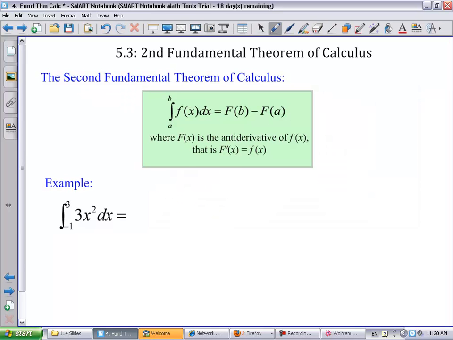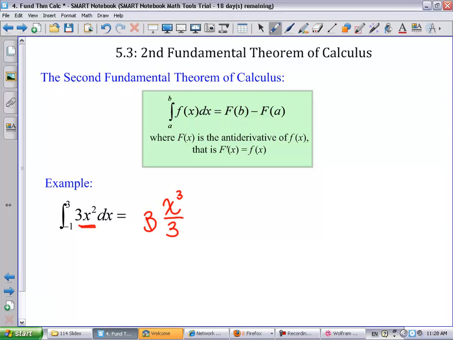If we want to find the area under 3x squared from negative 1 to 3, then this theorem says we should find an antiderivative for 3x squared. So what's a function that when you take its derivative you get 3x squared? X cubed, that's right. And if you didn't notice that right away, remember the rule that says you bump up the power by 1 and divide by it? So x squared becomes x cubed over 3, and you already have the constant 3 that comes along.